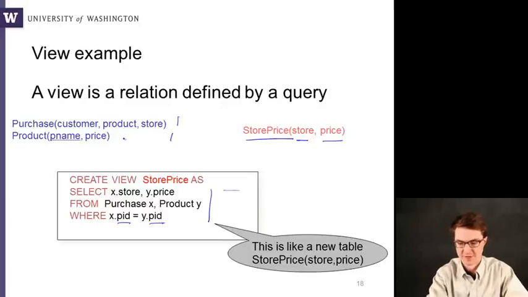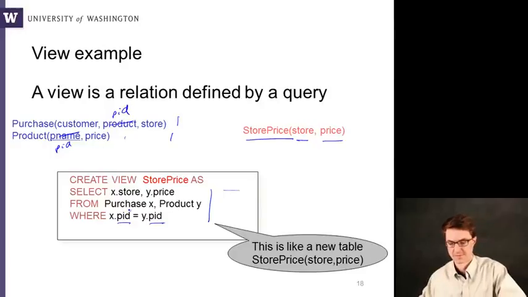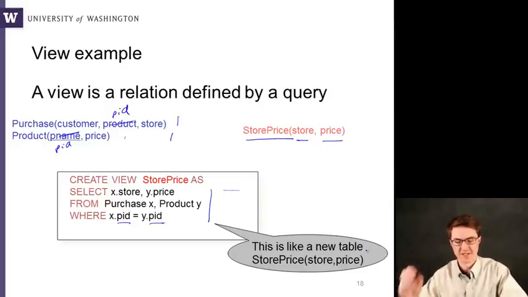This is a little funny because we didn't put PIDs here, so this is a little bit wrong. So assume that each one of these has a PID, and then it matches the query down here. Okay. So this result is now like a new table, and just like I said a second ago, you've now hidden the join from the users.